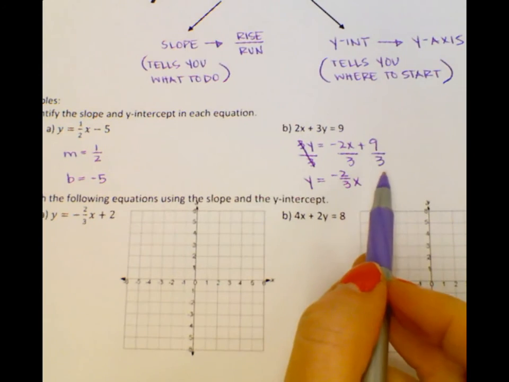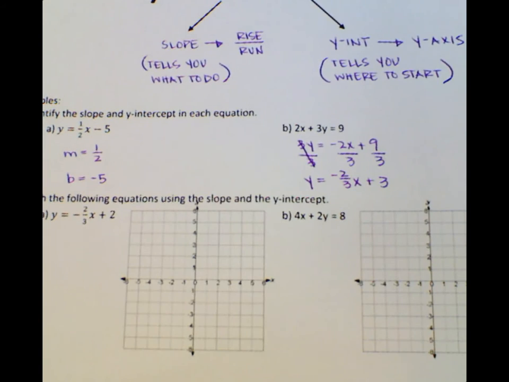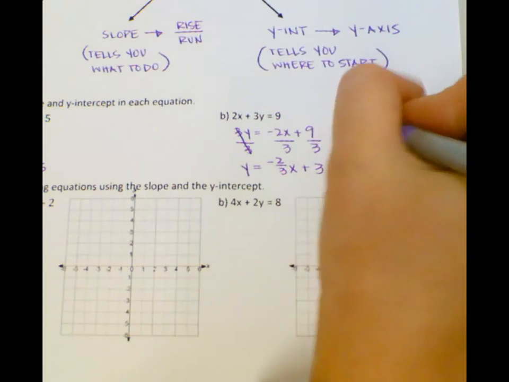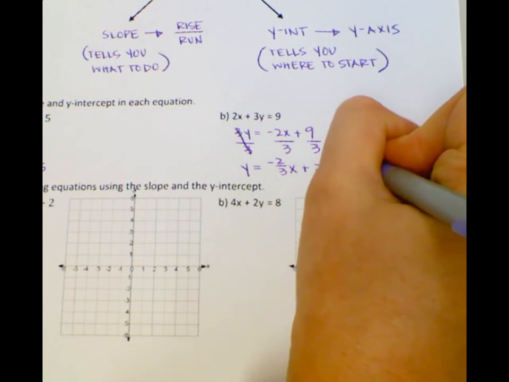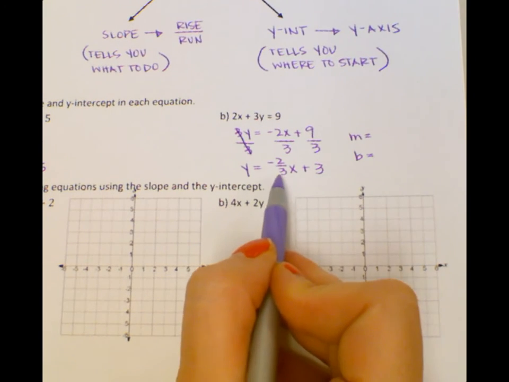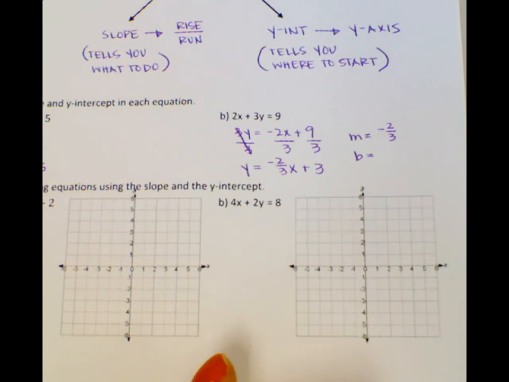What's 9 divided by 3? 3. And there we go. So now are we in the correct form? Yes. So over here to the right, I'm going to put my m and my b. Who is your m? Yes, remember he's always beside the x, -2/3. Who is your b? 3.